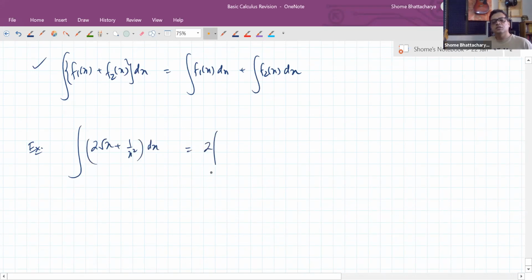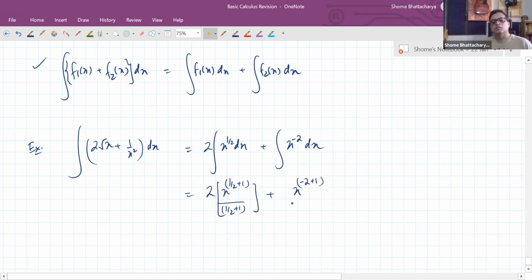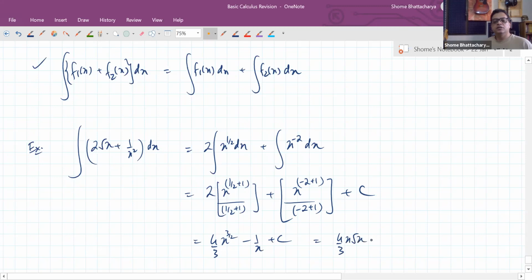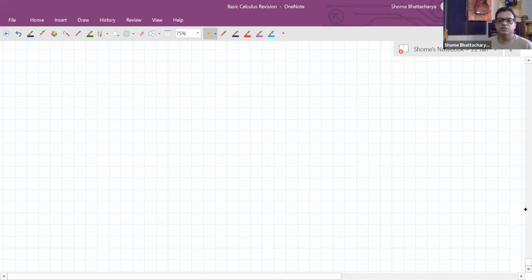So we can express this as this, and then further we can express this as this. So it becomes 4 by 3 x to the power 3 by 2 minus 1 by x plus c. Or we can also express that as 4 by 3 x root x minus 1 by x plus c. So these are some of the examples of the basic properties of integration using this algebraic formula.